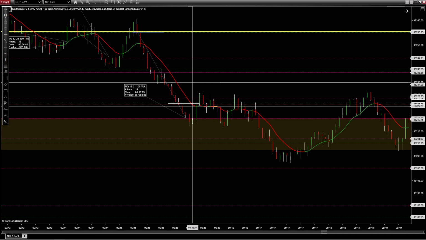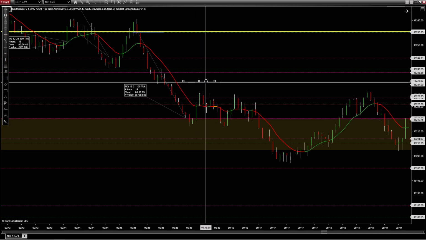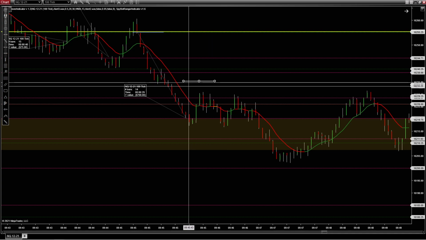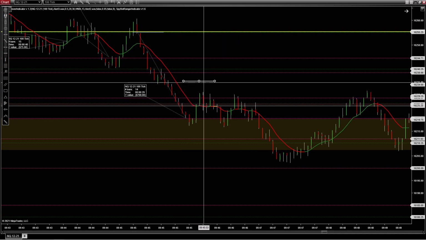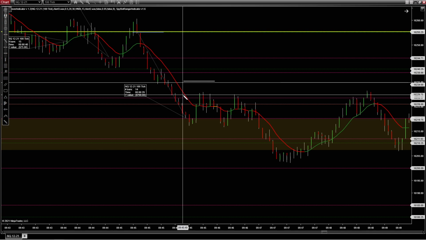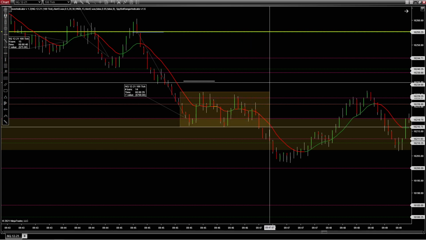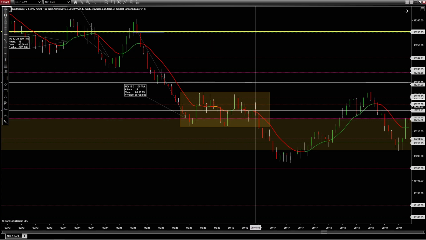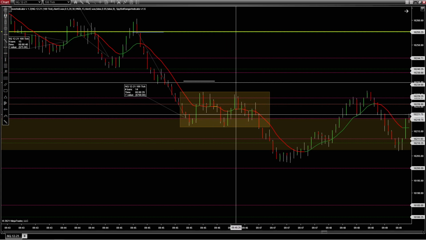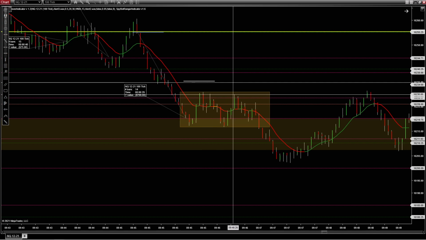So one thing you can do is as it comes down, you can hold your stop right up here and let it kind of play around this zone. We actually had a zone right here that it was ranging in, but we made a lower high right here.